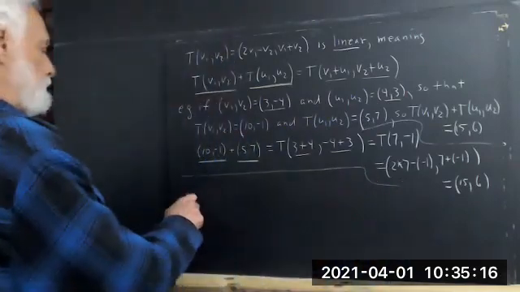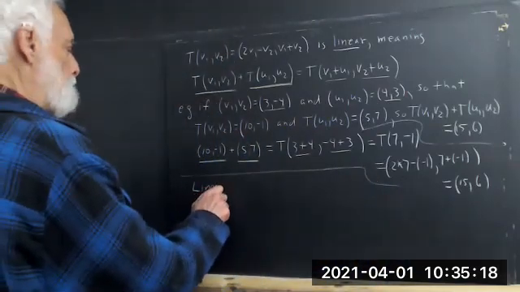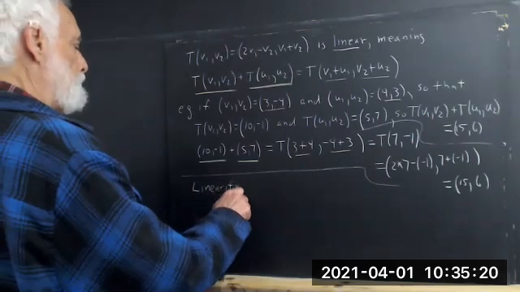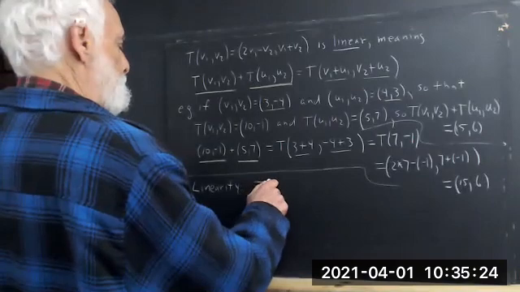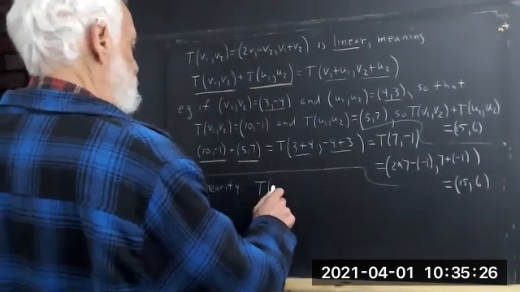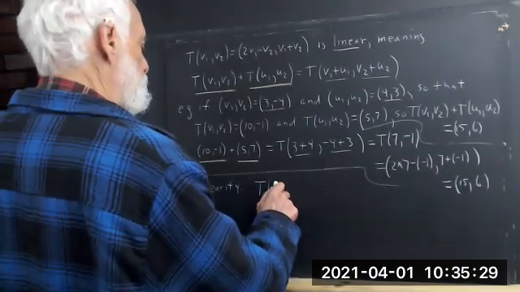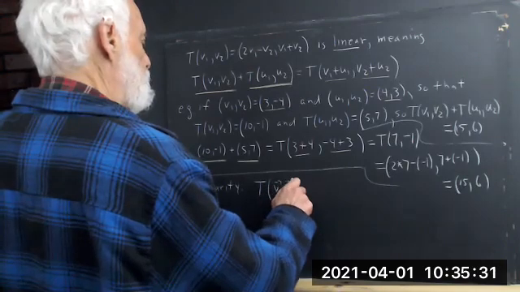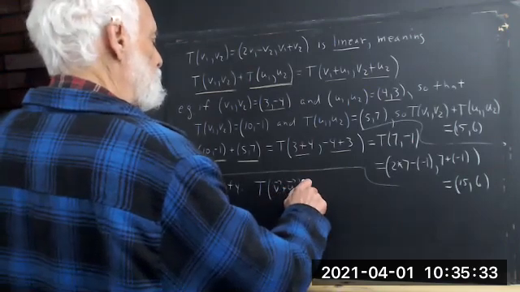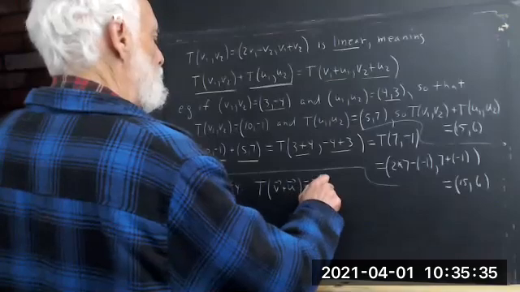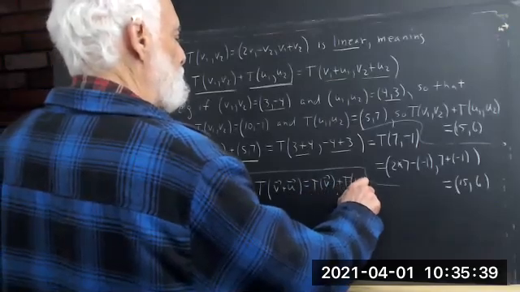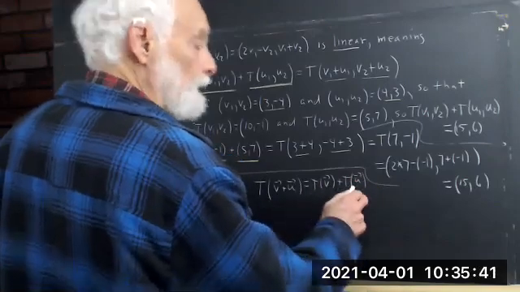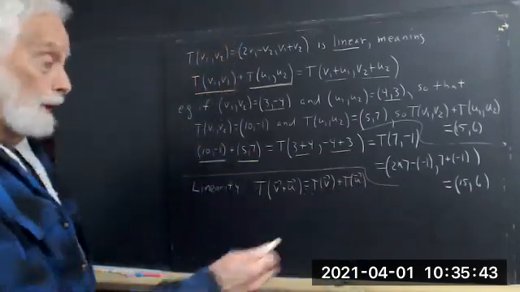Now linearity means the T of V plus U equals T of V plus T of U. Make sure you understand what that's telling us in terms of the example.